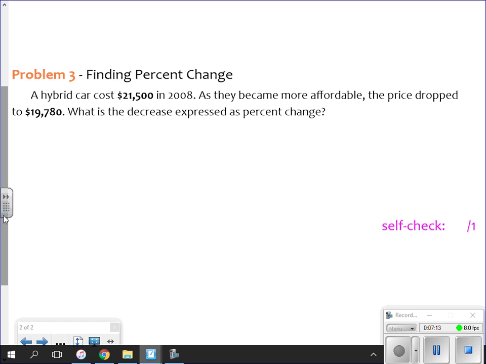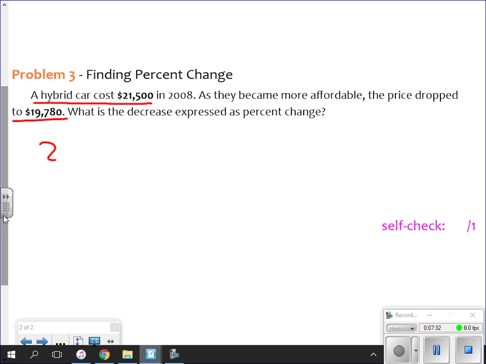Okay, finding percent change. Same idea. A hybrid car cost $21,500 in 2008. As it became more affordable, the price dropped to $19,780. What is the decrease expressed as a percent change? Same thing, big minus little.